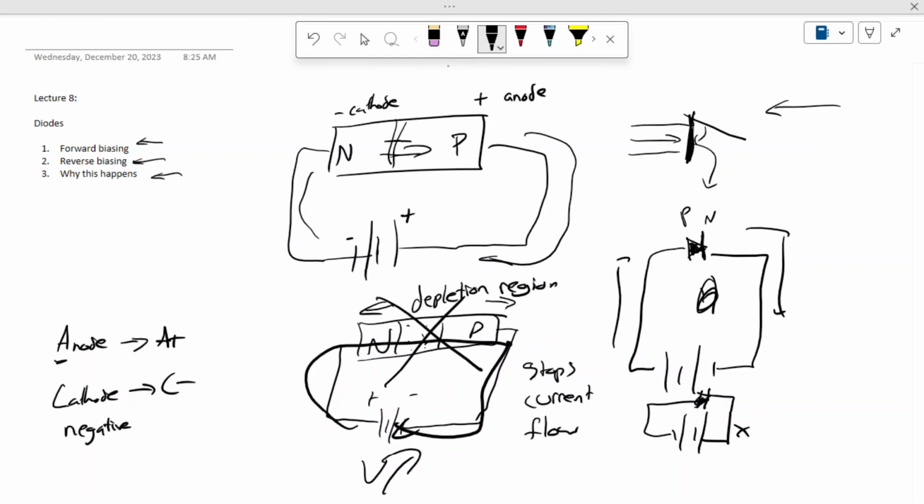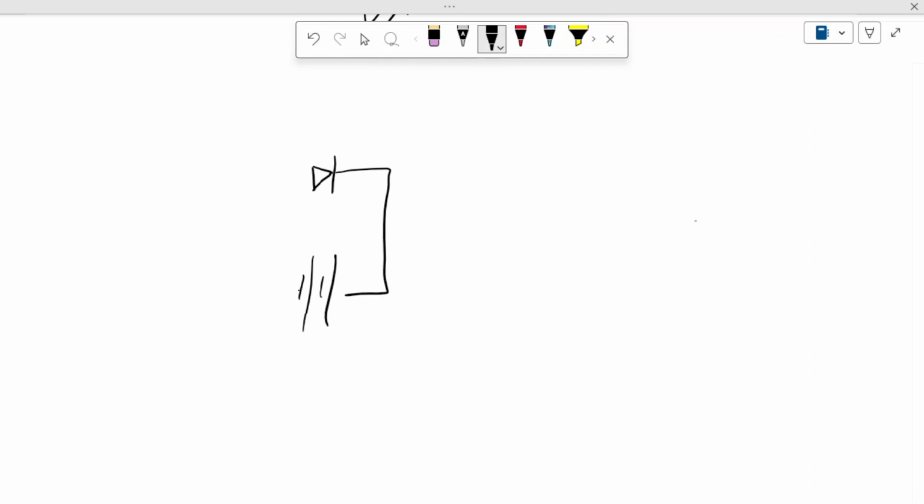So in this bottom one, and this is a little bit hard to see, so I'm going to scroll down and redraw it. So if I reverse bias it, there is no current flow.